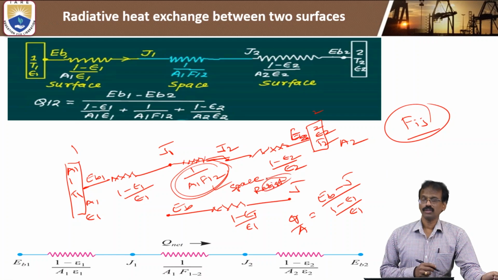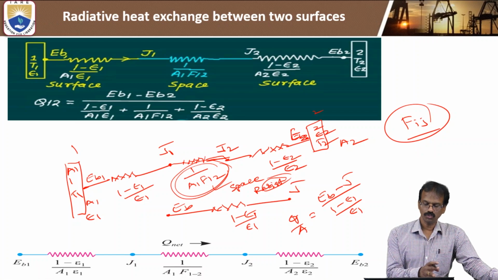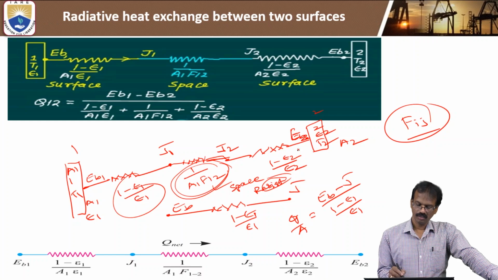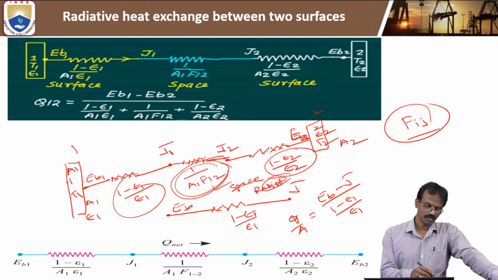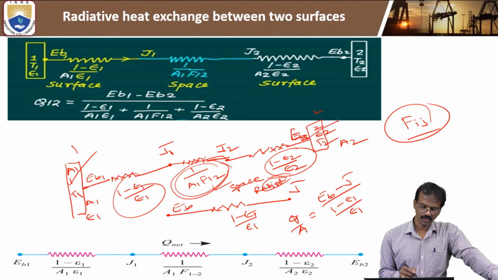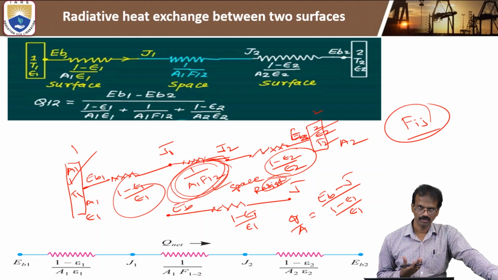So if you want to calculate the rate of heat transfer between any two surfaces, you have to consider three resistances. Two are the surface resistance of the first surface and the surface resistance of the second plate. Next is the space resistance between the two radiosities.